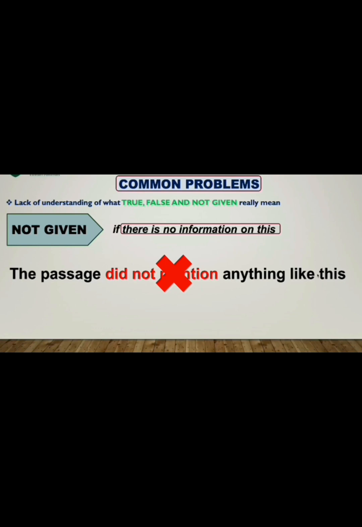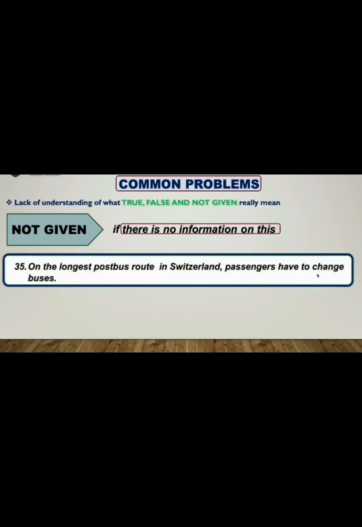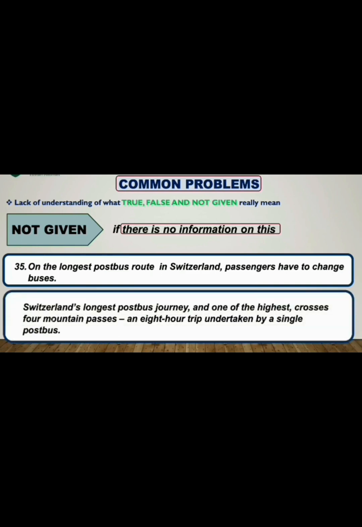Let's take a look at an example question and see how that is not a definition of not given. Question number 35, an excerpt says, on the longest post bus route in Switzerland, passengers have to change buses. Now let's take a look at the excerpts from the text.